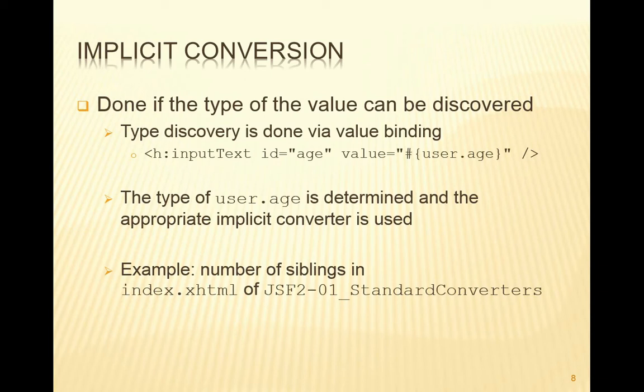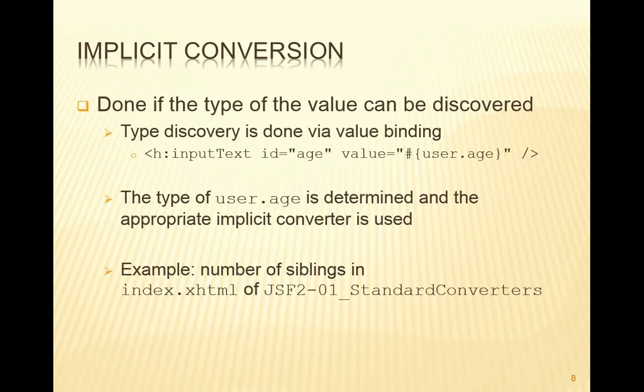If we've got an input text element in our XHTML, we'll give it an identity, ID equals age in this example here, value equals. If that value is bound to a backing bean property, then the type of value can be discovered, because we can go to the get method for that property, identify its return type. If it says it's an int, then we know that this string has got to be converted to an integer.